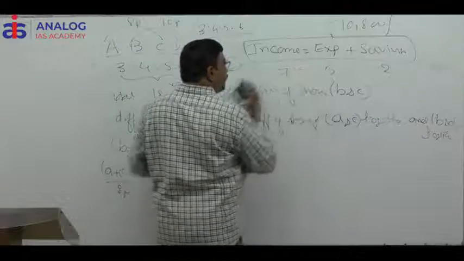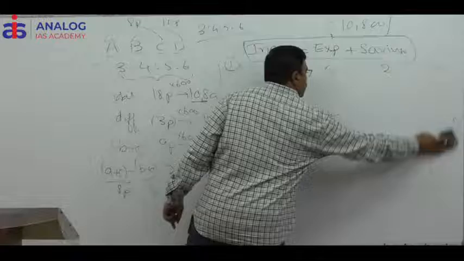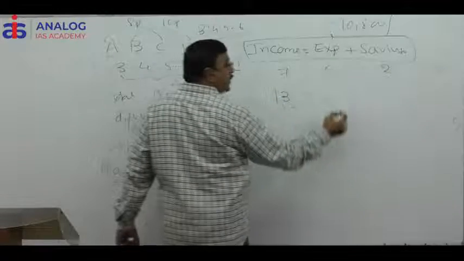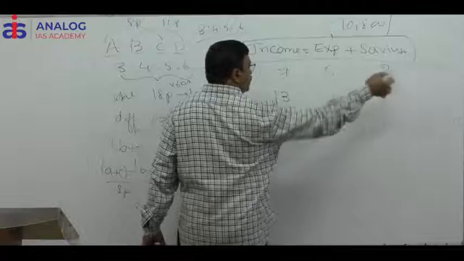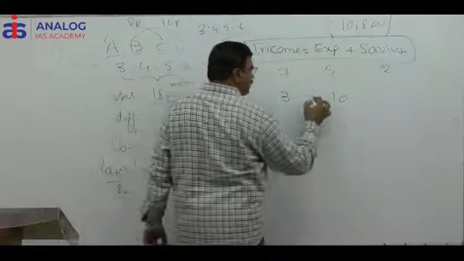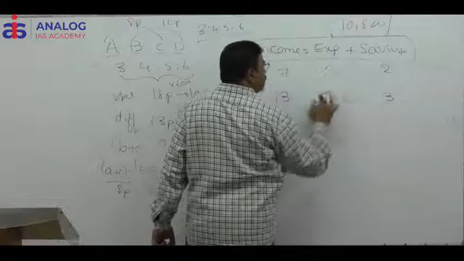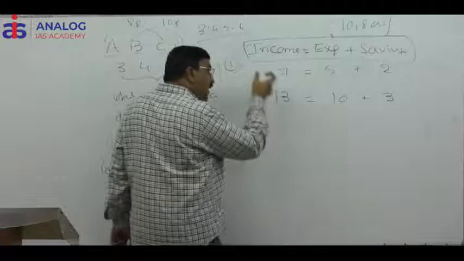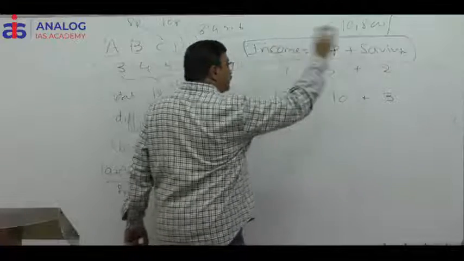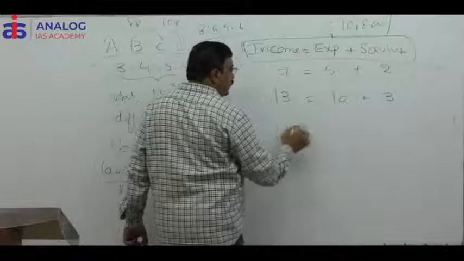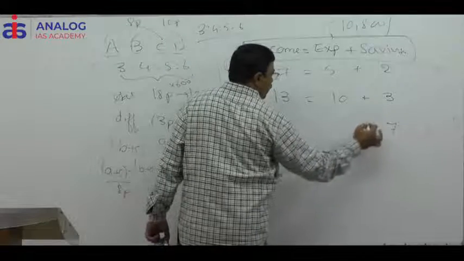Suppose income is 13 and expenditure is 10. What about savings? It is 3, because if you add these two, you should get income. Say income and savings ratio is 15:7.